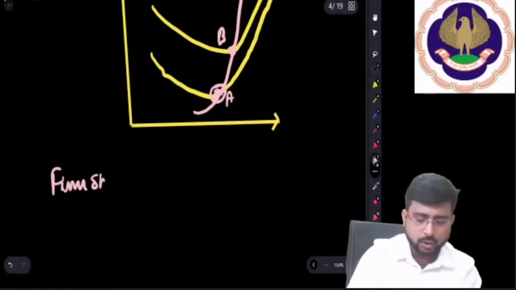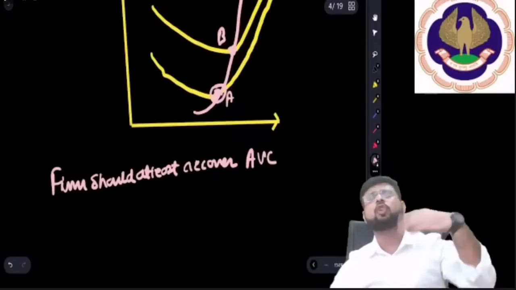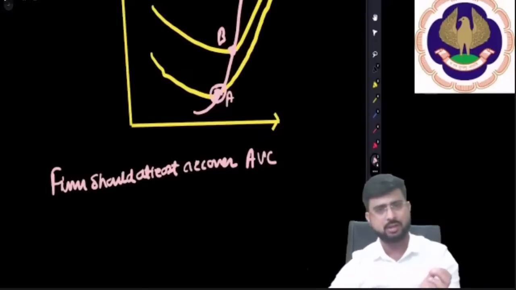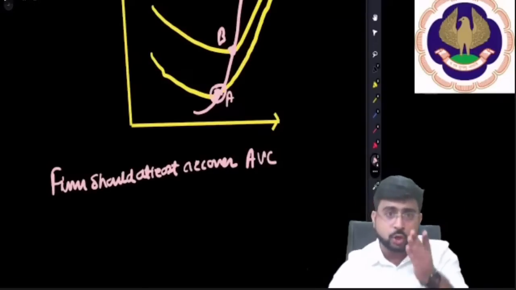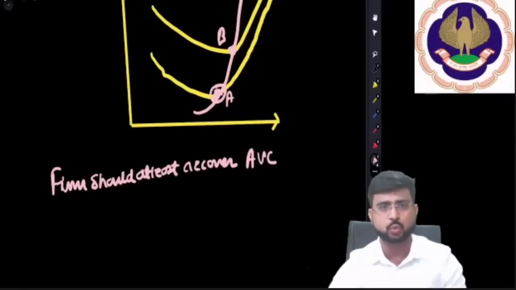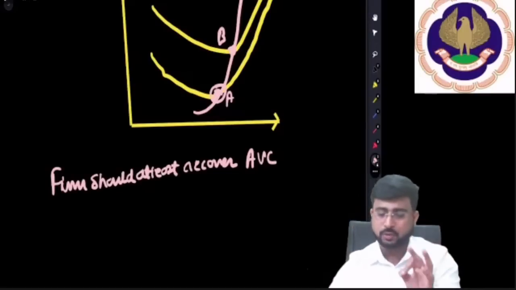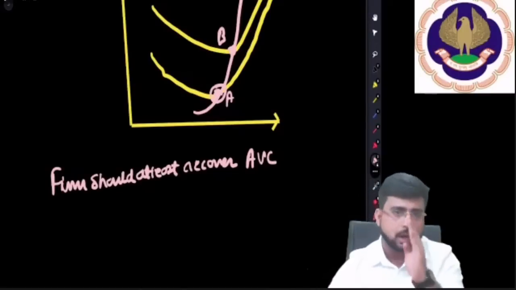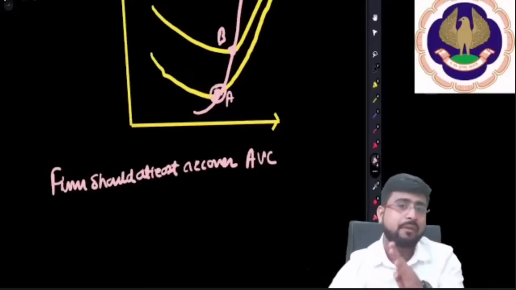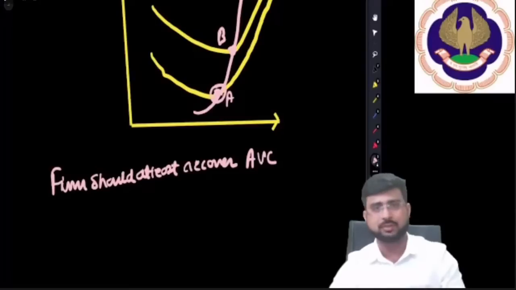Firm should at least recover average variable cost. Even if they are not able to recover fixed cost, that's okay, understandable. But if you are not able to recover even the variable cost, then you are in a serious situation. हर फर्म कम से कम अपना वेरिएबल कॉस्ट तो रिकवर कर लेना चाहिए.